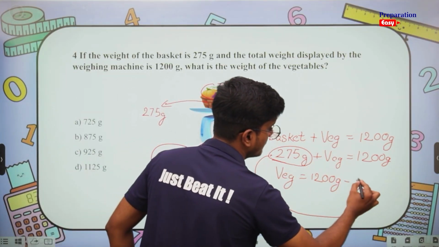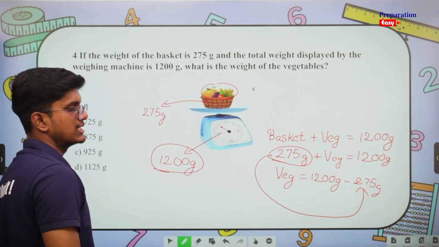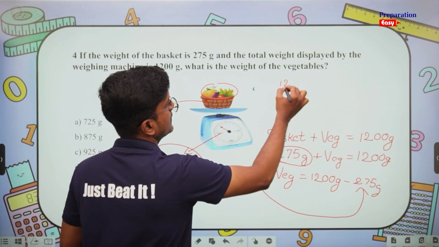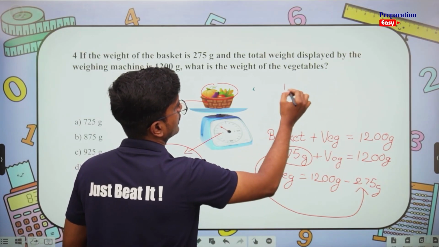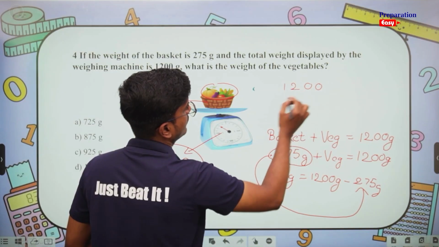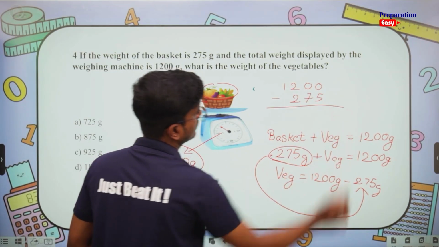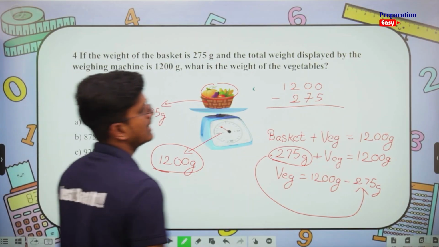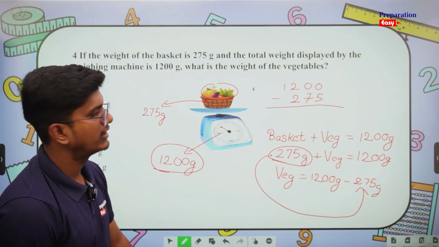So the plus will become minus. So 1200 minus 275. Now let's subtract it. From 0 can we subtract something? No.